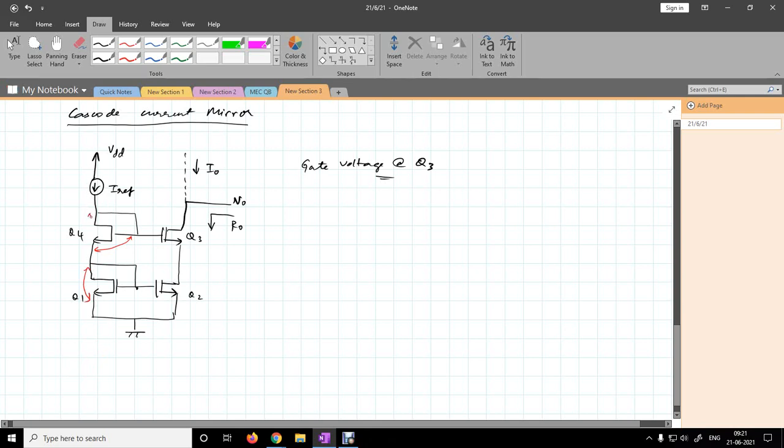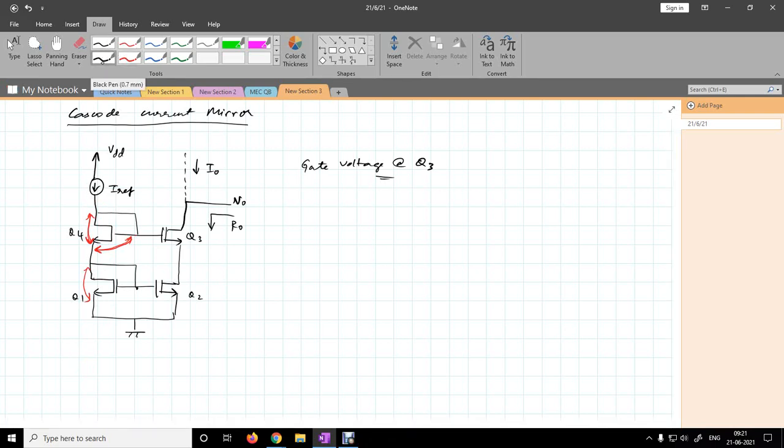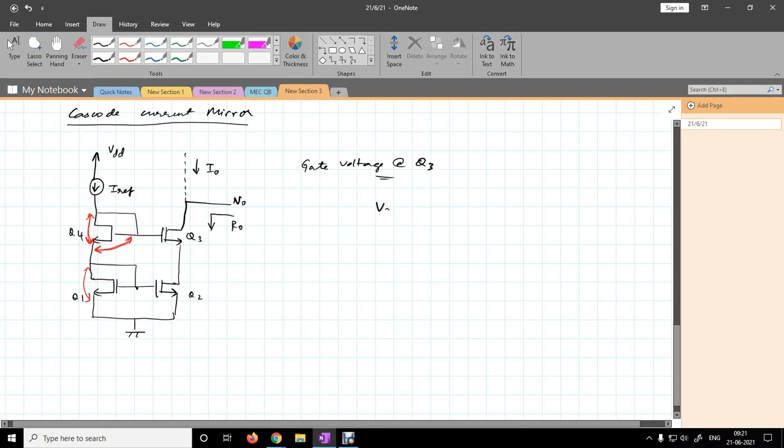This voltage is same as this voltage, because gate and drain are shorted. So the gate of Q3, I'll call it VGS3, will actually be VGS of 4 plus VGS of 1. All right, obviously. If I assume all my transistors to be identical, then this will be 2 VGS.